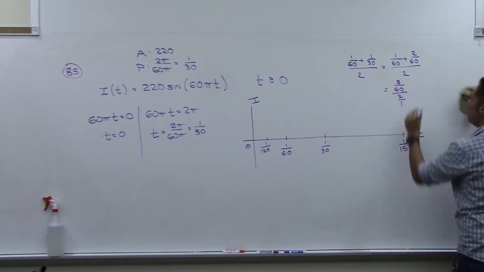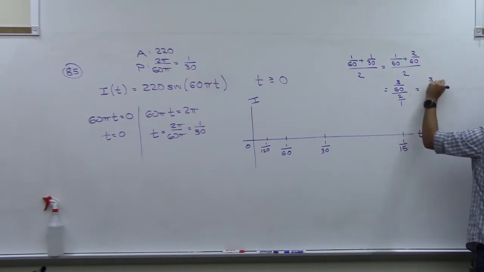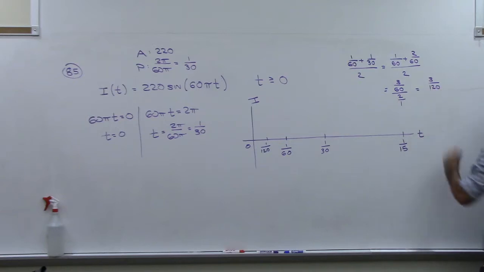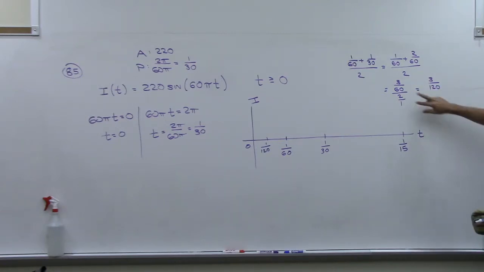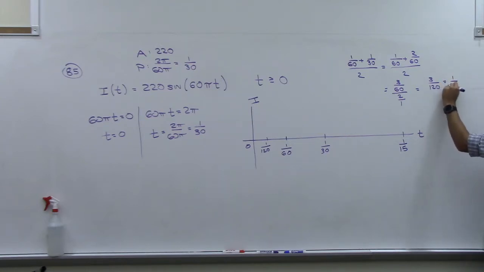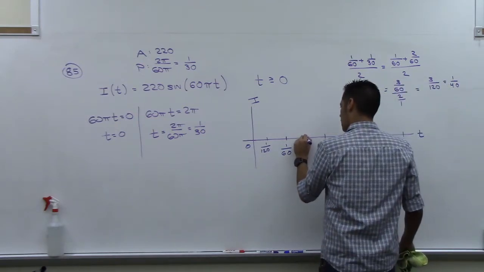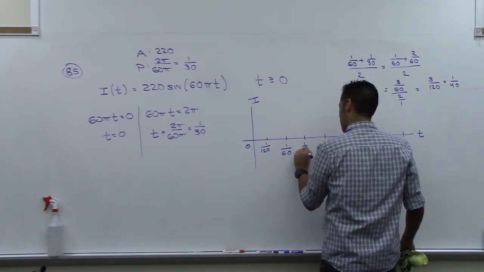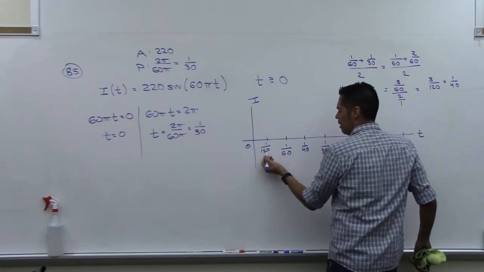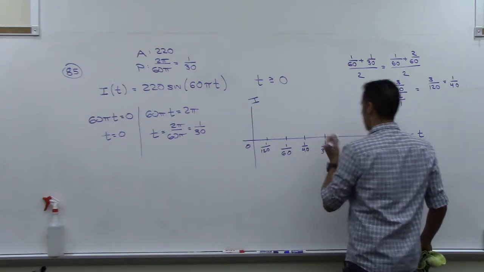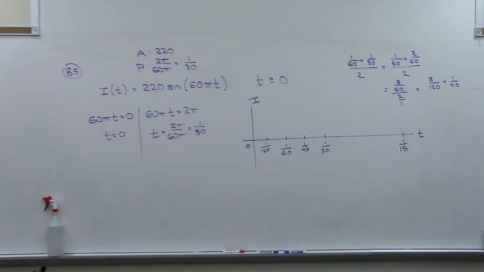So then I flip, and I get 3 over 120, and that does reduce. That's 1/40th. Okay, so that's going to be right here. Let me just do a quick check. 1, 2, 3, and then 4. 4, yes. Okay, so those are my points.